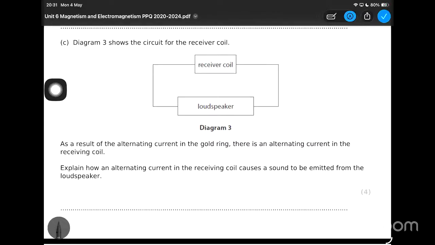This is actually based on the waves unit. In that unit, we know how sound is generated, and also in a loudspeaker. In the magnetism unit, we have discussed the generation of sound in a loudspeaker. In that loudspeaker, we have an electromagnet. When a current is generated, the magnet will be activated and the sound cone will move back and forth, resulting in the air particles, or wave particles, vibrating and making a sound.